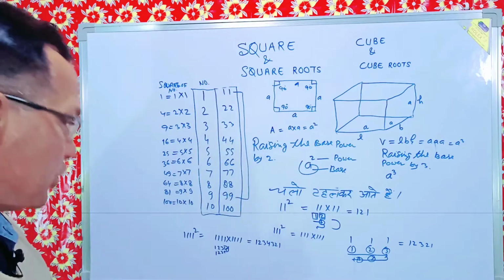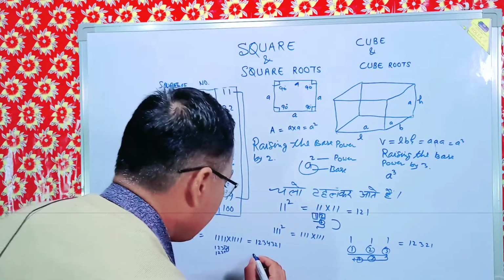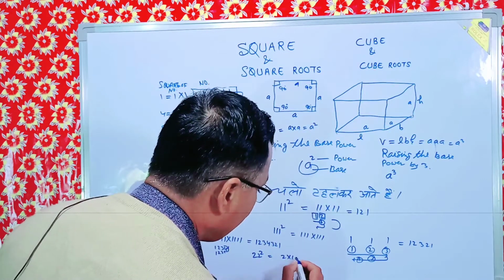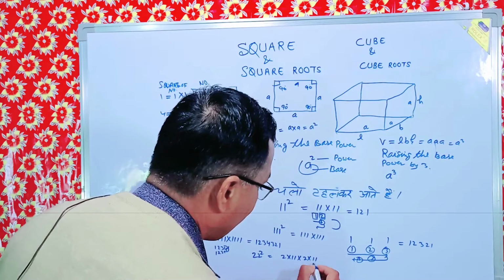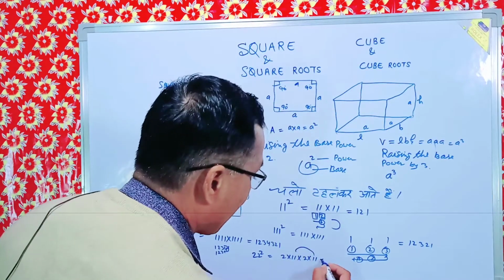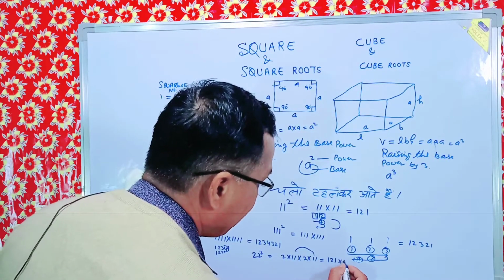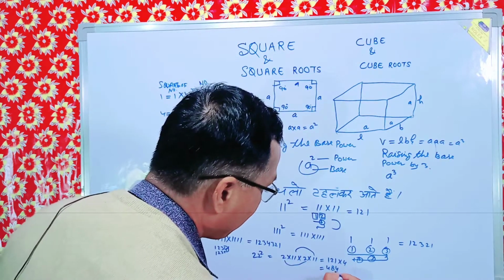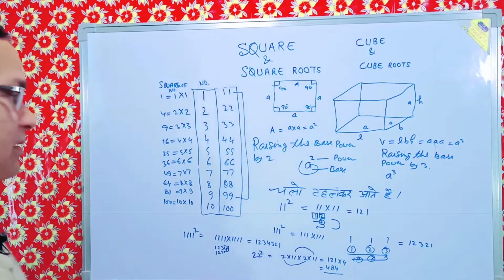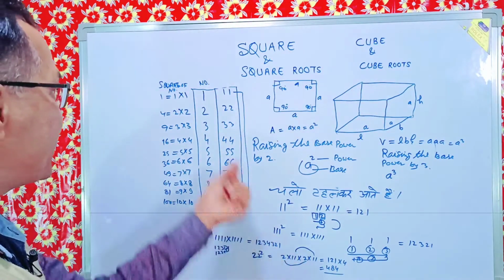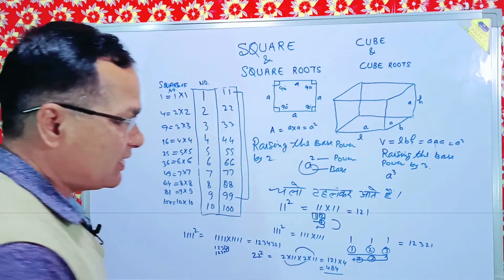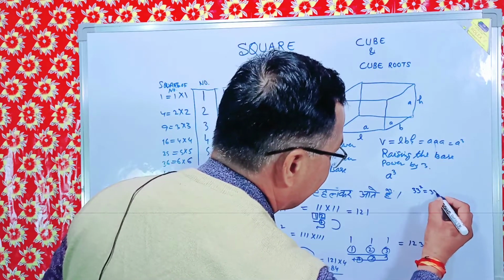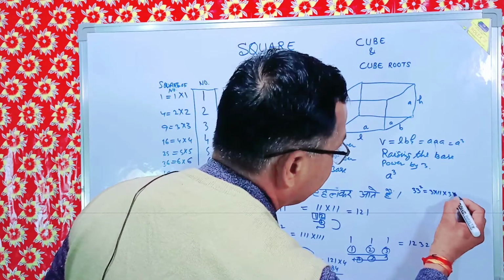If I take 22 also, the square of 22, I can write it as 2 into 11 into 2 into 11. This 11 square I already know is 121, and this gives me 4. So very easily I get 484. This is the answer. Similarly, if I take the square of 33, I can write it as 3 into 11 into 3 into 11.